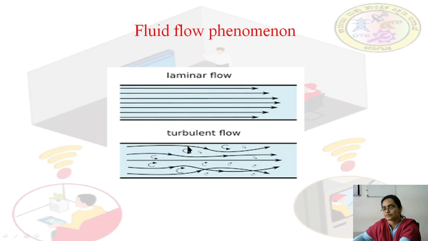In turbulent flow we can see the streamlines are in different paths. They are irregular. There is swirling in between. So irregular flow is called turbulent flow, and this type of flow occurs at very high velocities of flow.